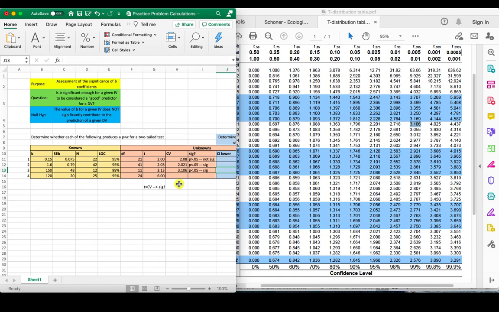Okay, so one thing I want to point out before we do the last example is that you'll notice as you increase your interval size, the actual size of the t-statistic or the size of the critical value is going to increase. Okay, and also as you go up the table, right, or your degrees of freedom are smaller, indicating you have a smaller sample size, also the larger the critical value is.